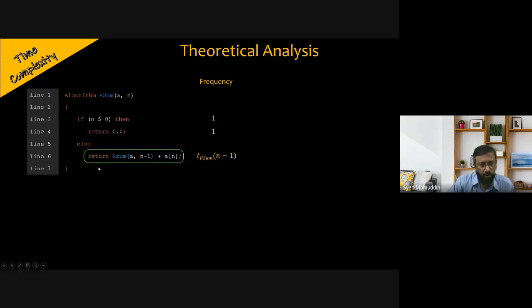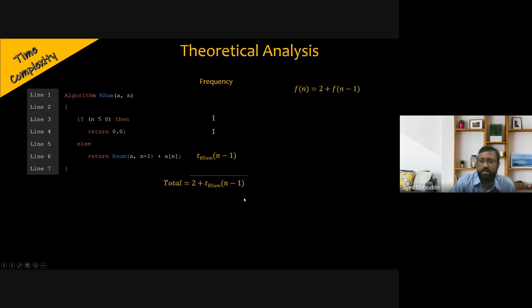So assume this whole function takes some time, t of n. Then we are passing n minus 1, so when we call this function, it will take time t of n minus 1. If we sum up these things, it is nothing but 2 plus t of n minus 1.